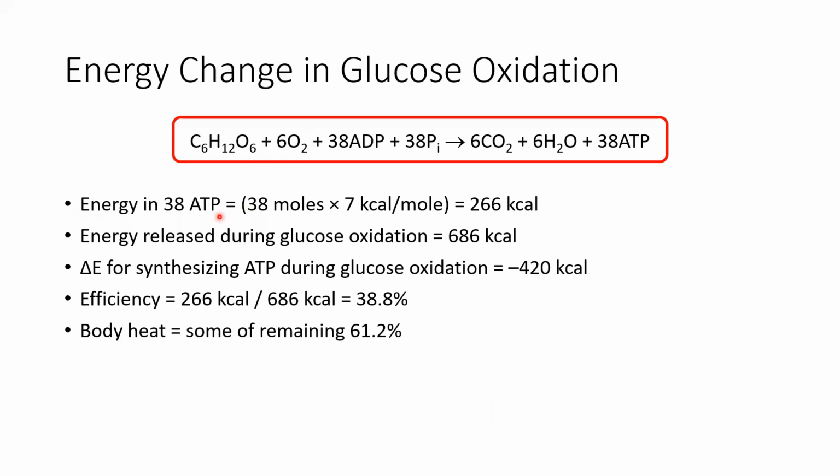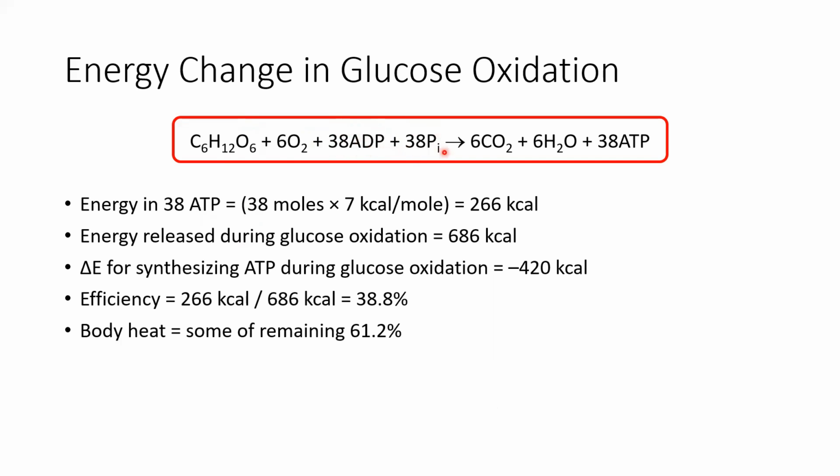So here we have 38 ATP that is made when we liberate a single molecule of glucose. So we've got a single molecule of glucose. We had to invest 6 molecules of oxygen, and we had to have on standby 38 molecules of ADP.